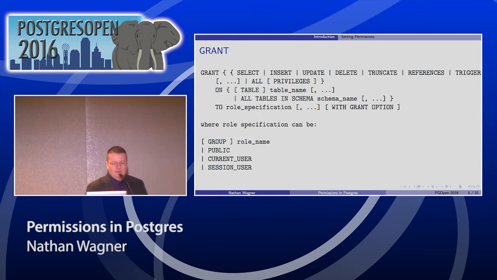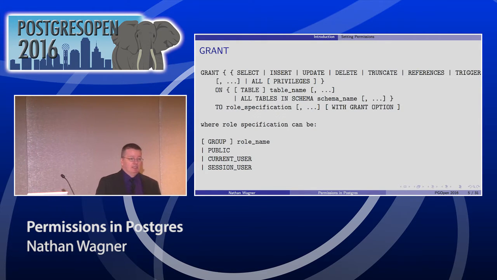In addition to specifying the individual table name, Postgres, and I think this is 9.4 or 9.5, that's relatively new for some of these, instead of saying on, say, table foo, you can just say I want to grant this permission to all tables that exist within a schema.